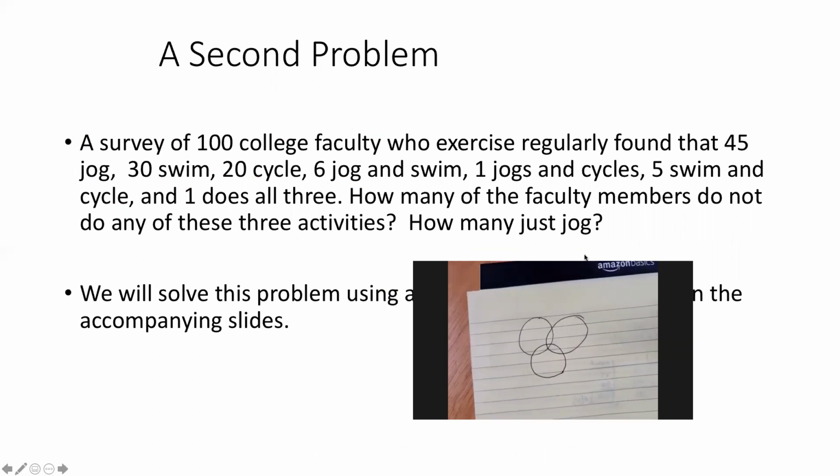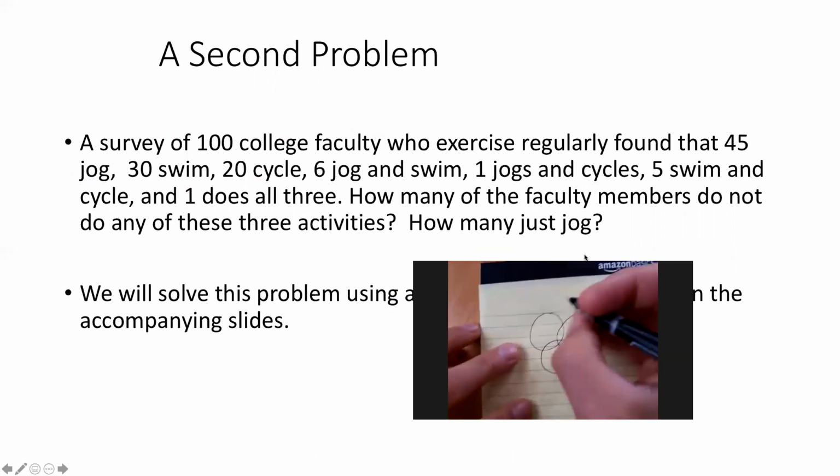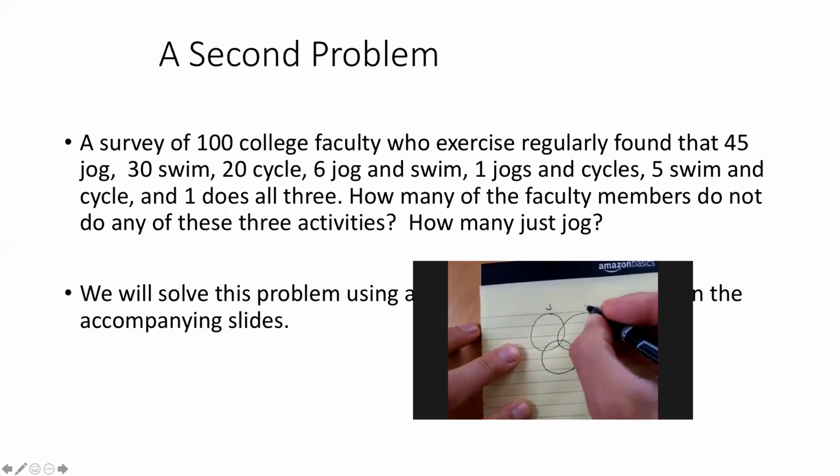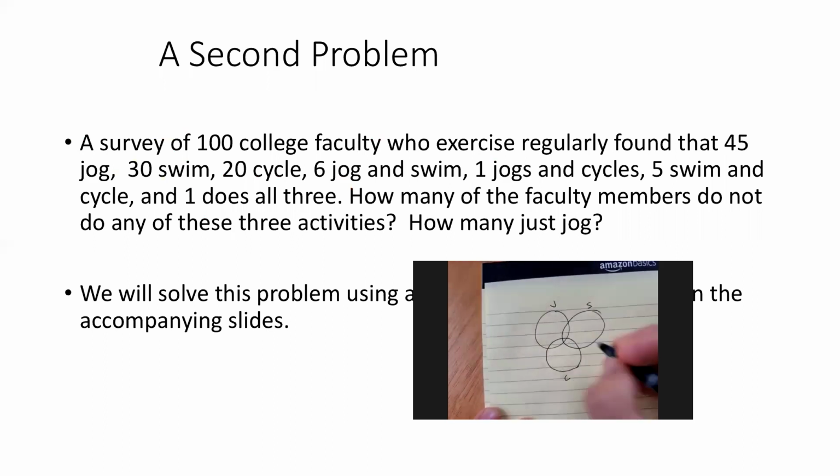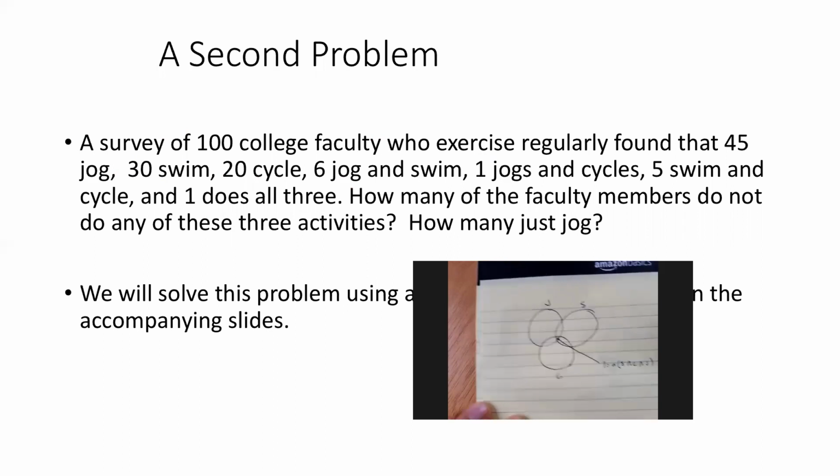All right, so in this case, I'll call this my jog circle, my swim circle, and my cycle circle, all right? So in this case, this little spot right here, that's 1, because that is the number that do all 3. So let's say it's swim and cycle and jog. That'd be that piece right there.